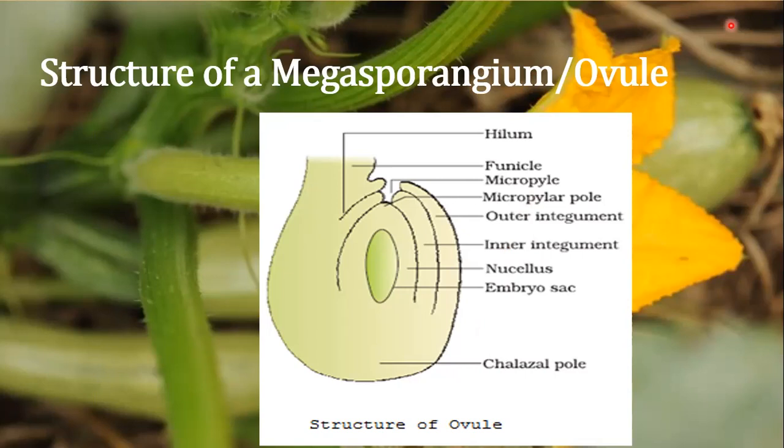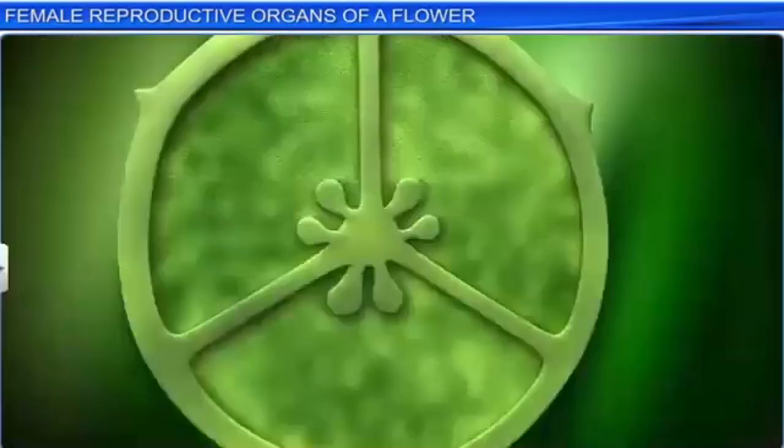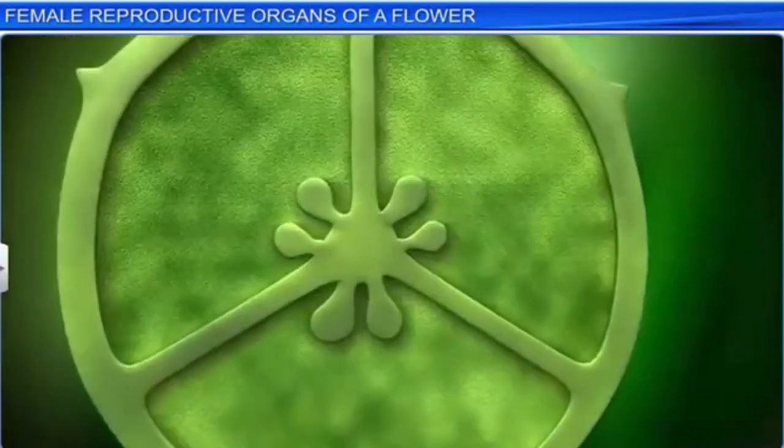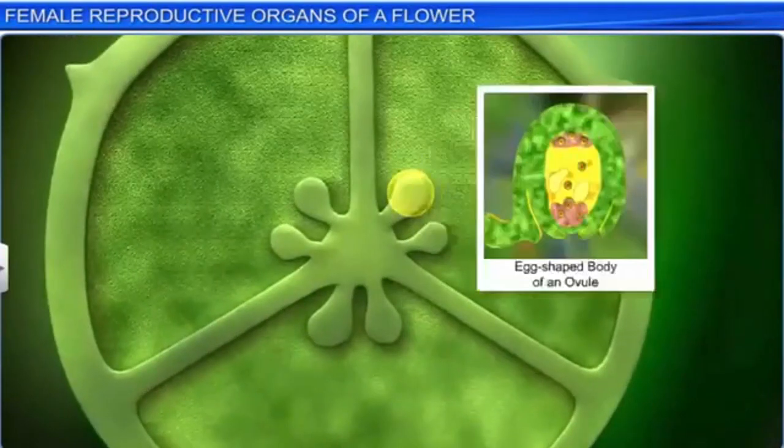The structure of megasporangium or ovule. The transverse section or cross section of ovary shows the ovarian cavity, ovary wall, and the placenta. The ovules are attached to the placenta.